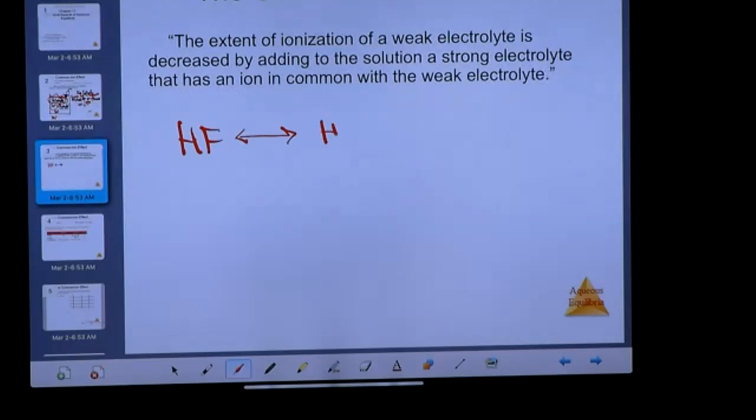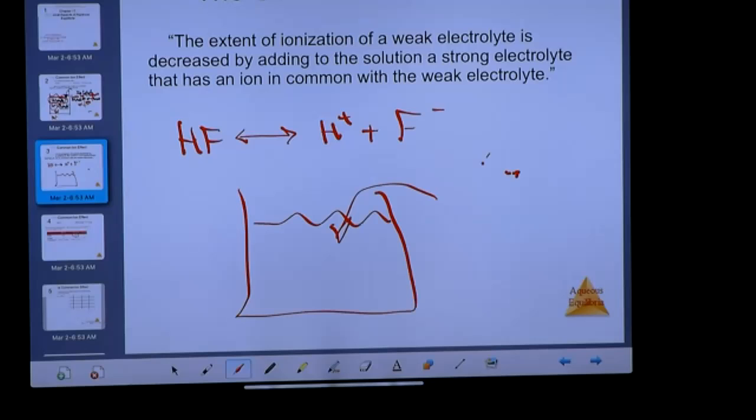we have H plus and F minus. If we have these two things and I add to this solution, once again, like some sodium fluoride, I make more HF, correct?